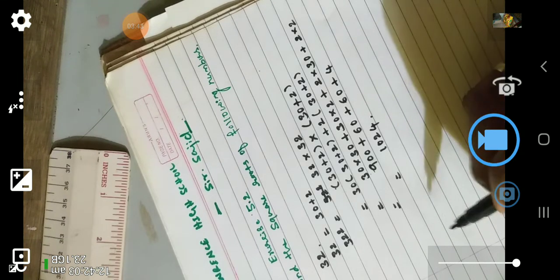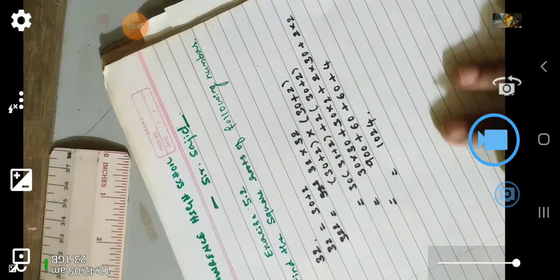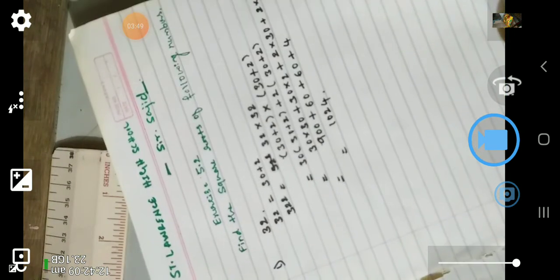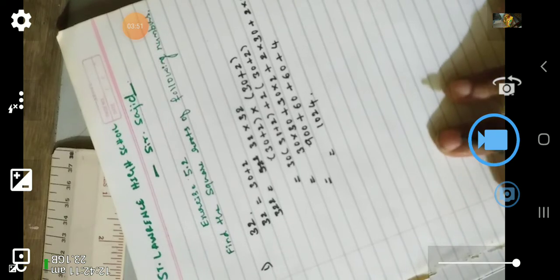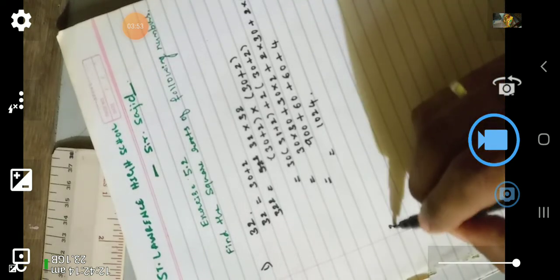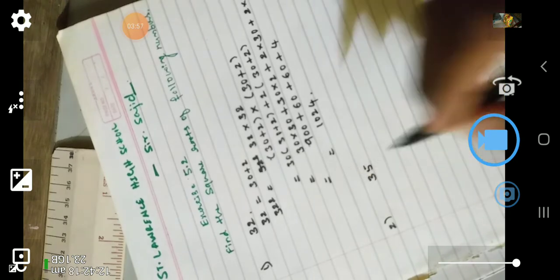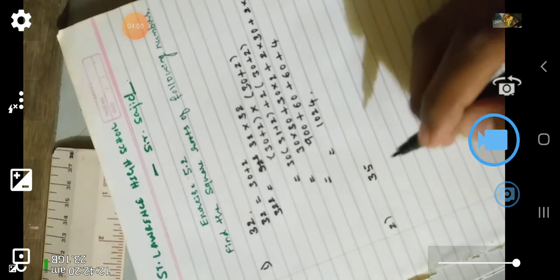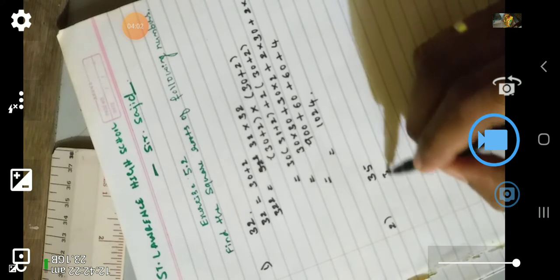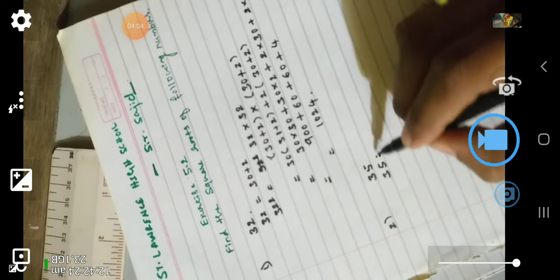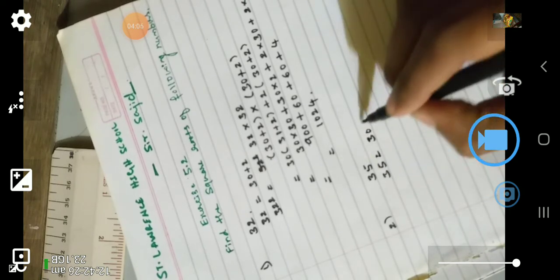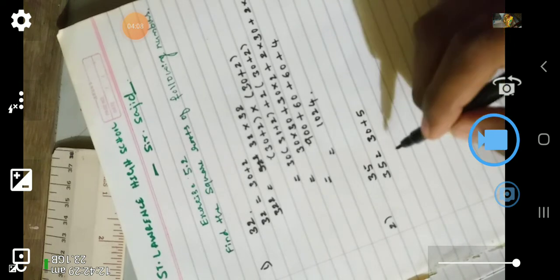So next, very simple problems. Next problem I'll do. The second one is 35. You can write 35 as 30 plus 5, correct?